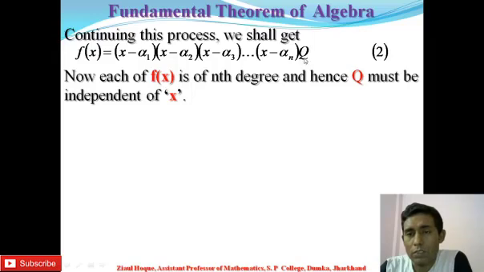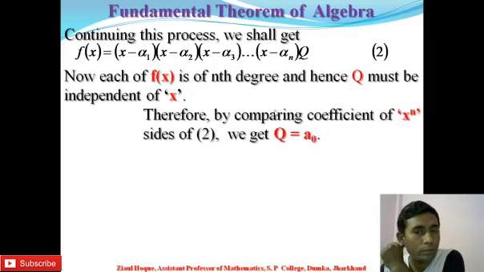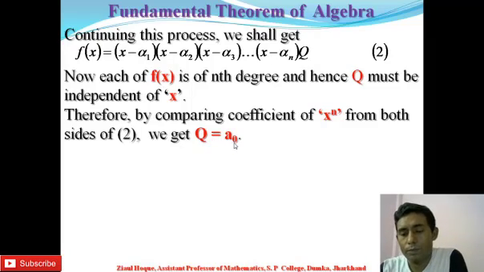Therefore, q must be a constant term, that is independent of x. Therefore, by comparing the coefficient of x to the power n from both sides of equation 2, we get q is equal to a0.